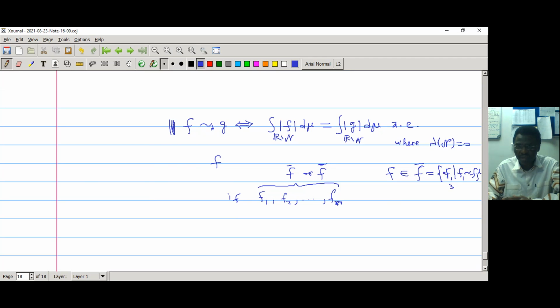I don't know how many, but there are as many functions as there are, right? They are all there. And now, when we say that f is in LP, let's say for R or whatsoever for now, in fact, this f is f bar. It's a class. So it represents a set of functions that are in relation.